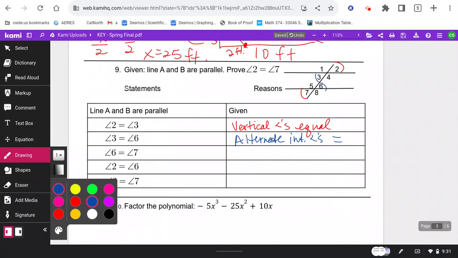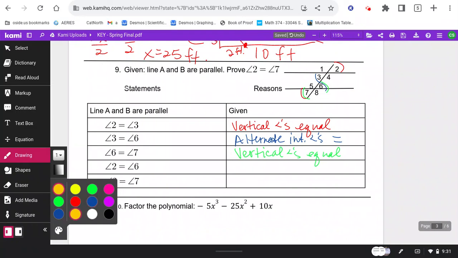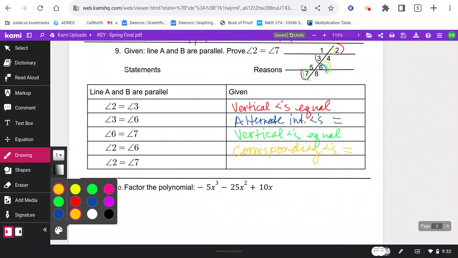Angles 6 and 7 are equal because vertical angles are equal. 2 and 6 are equal because corresponding angles are equal. And then finally 2 and 7.